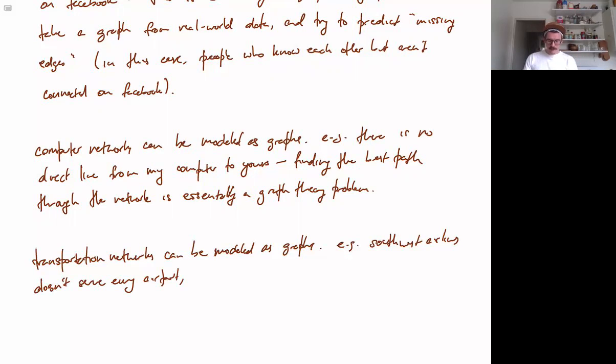Basically, they have to make these choices. They have to choose which routes to fly with their planes and how often, and making these choices of how to set up their network of routes and flights is essentially, again, a graph theory problem.